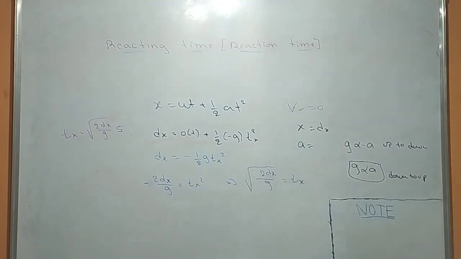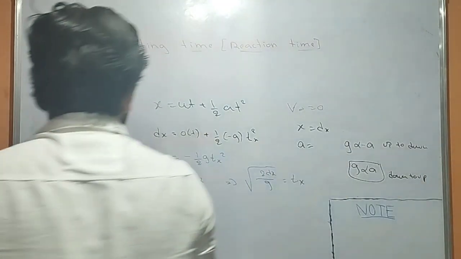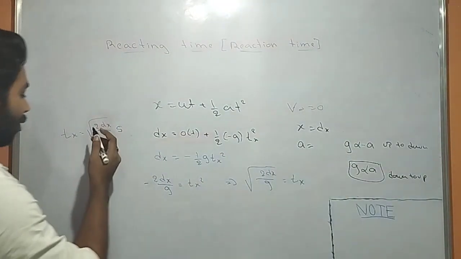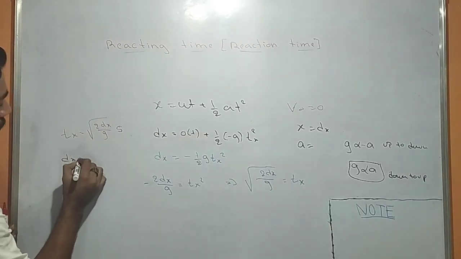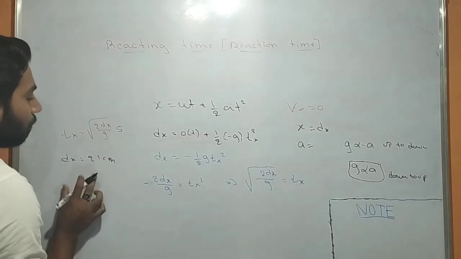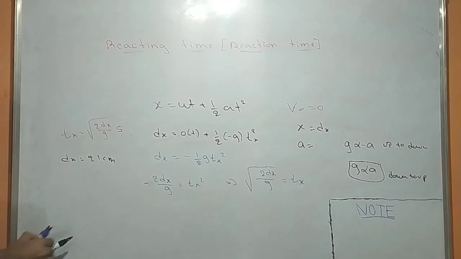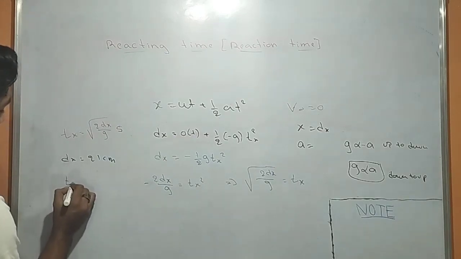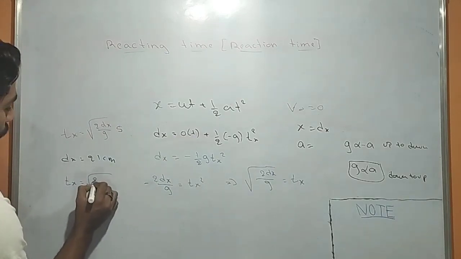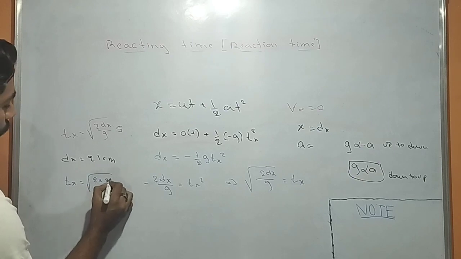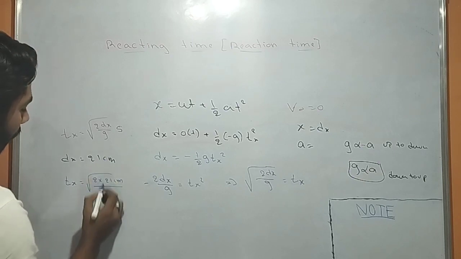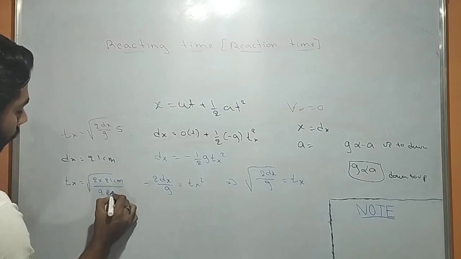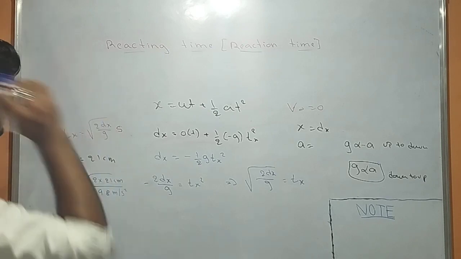So how can we calculate that? We know the distance traveled is 21 centimeters. d of x is equal to 21 centimeters. Just substitute this value in this. What you will get? t of x is equal to square root of 2 into 21 centimeters, and gravitational acceleration 9.8 meter per second square.